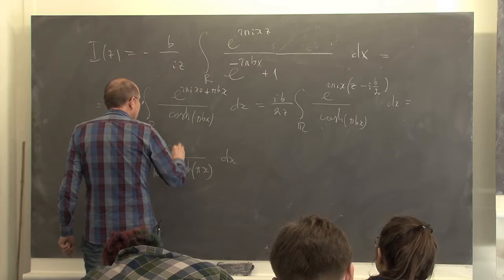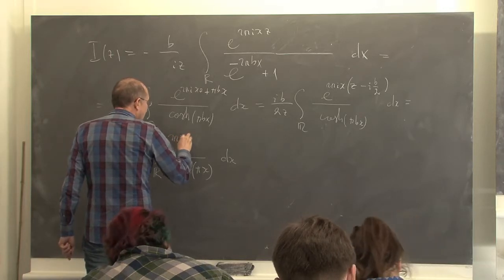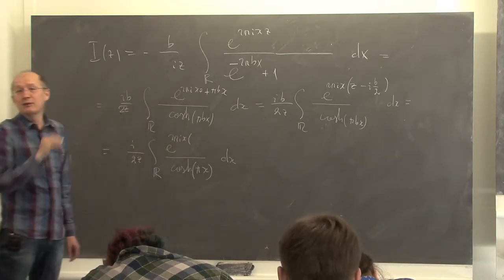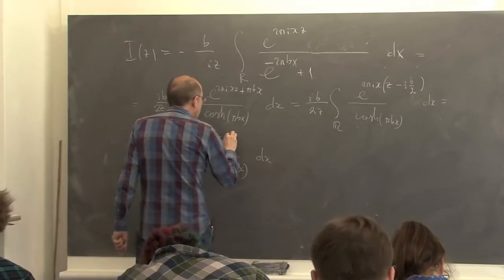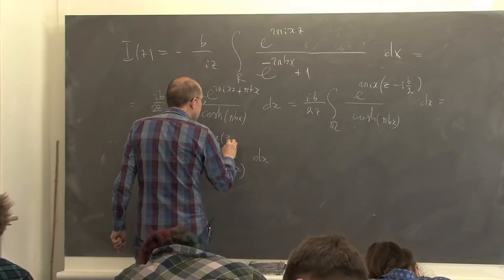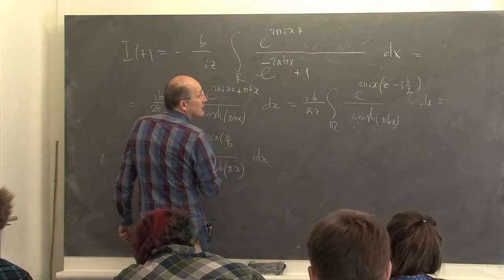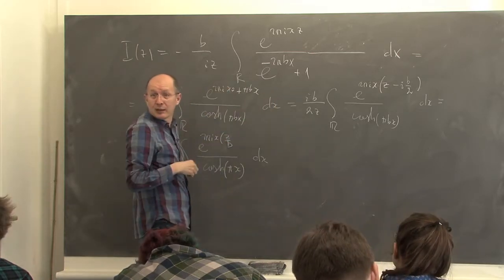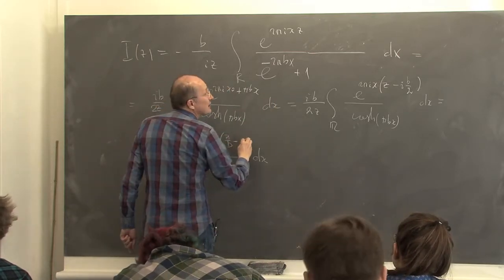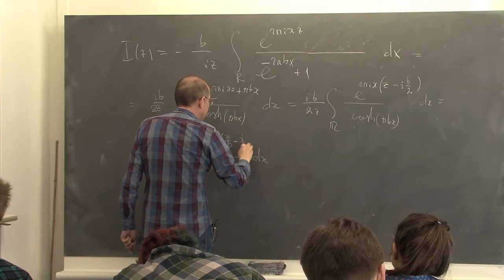And here, e^{2 pi i x} I conserve, but I put the inverse of b inside. So it will be z over b. And that b will go away, minus i over 2.